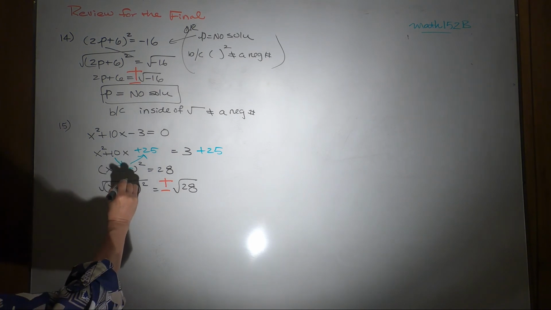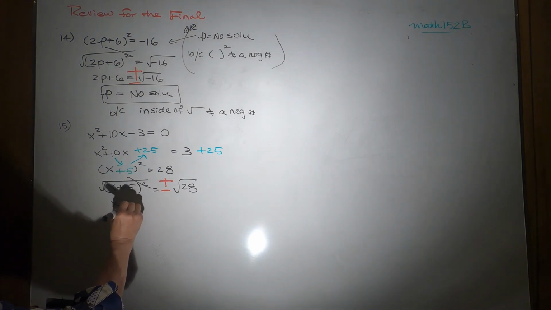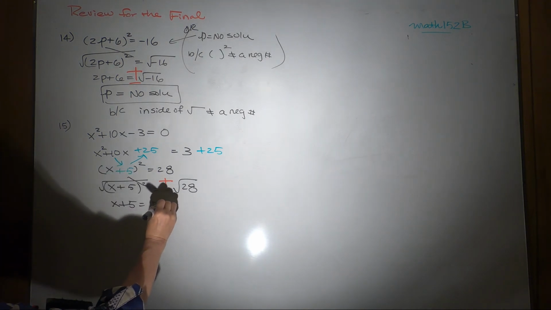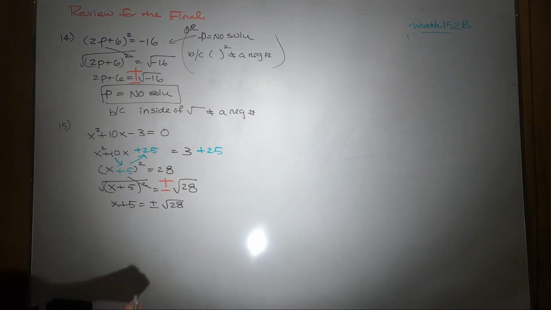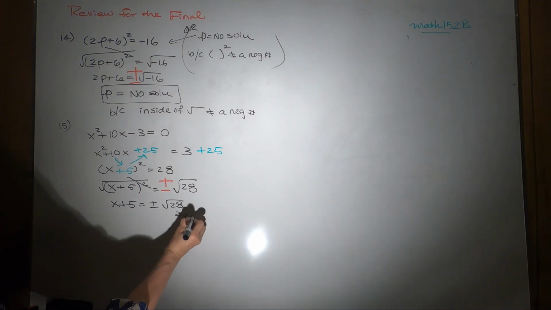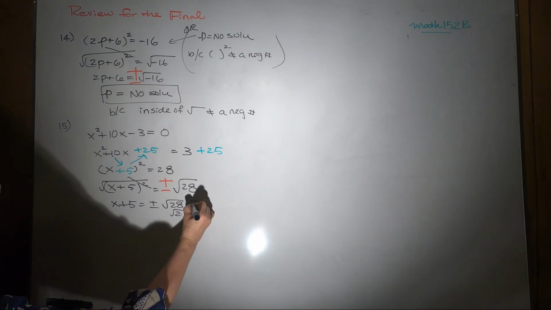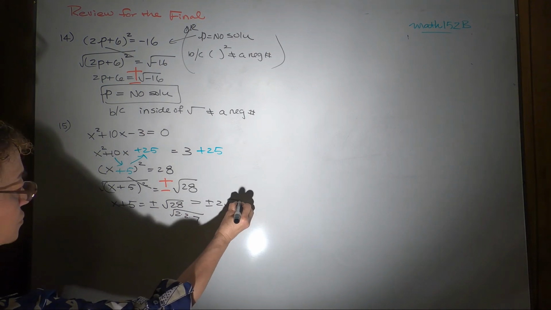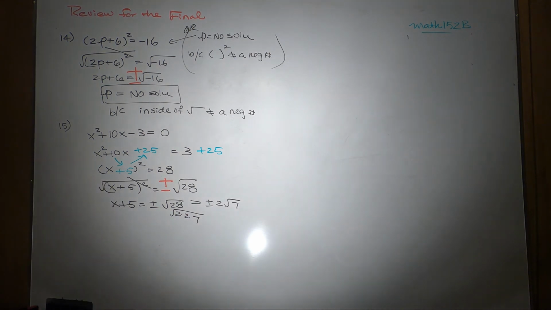Then, what do we have? x plus 5 equals what? Plus minus square root 28. Then we need to simplify this to 2 square root 7, right? Becomes plus minus 2 square root 7. Then, what is your x?